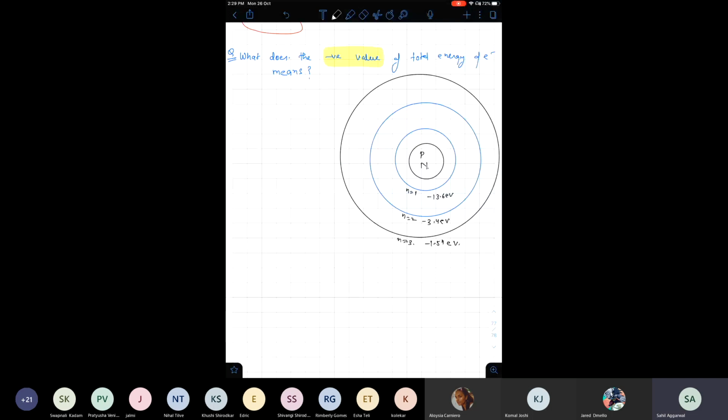We will say negative energy means electron is bounded to the nucleus. Very good, Rebecca. Electron is bounded to the nucleus by this much amount of energy.